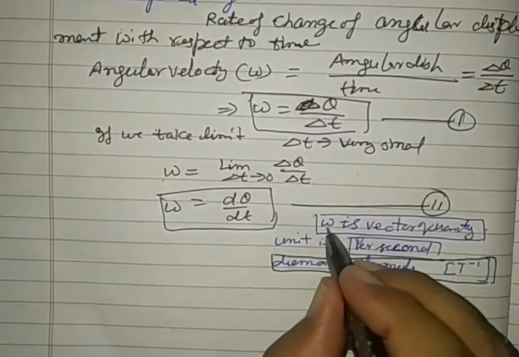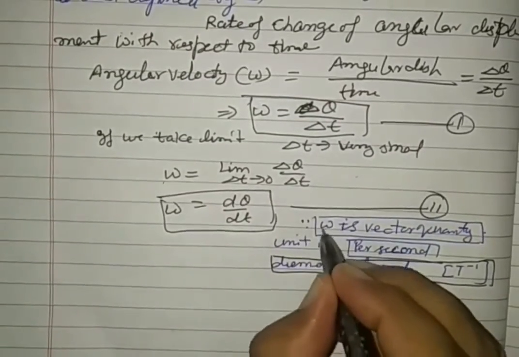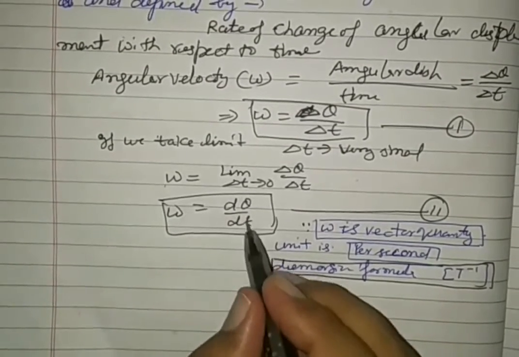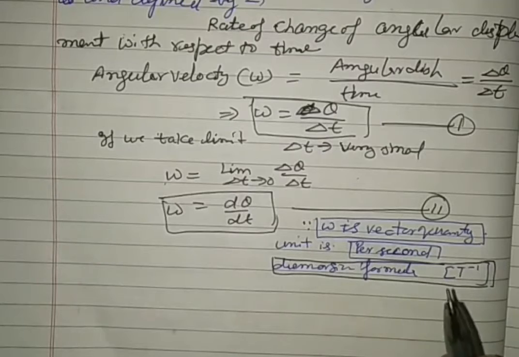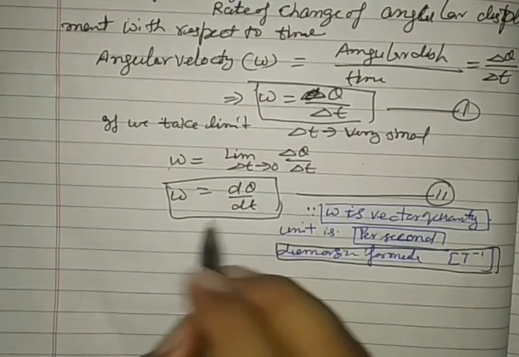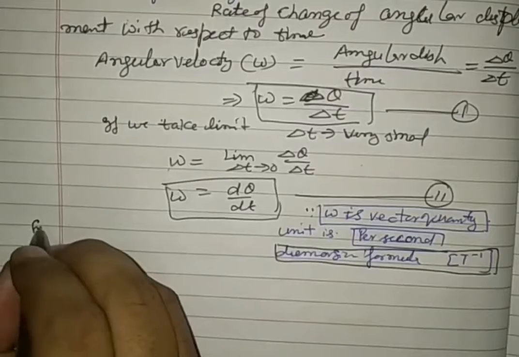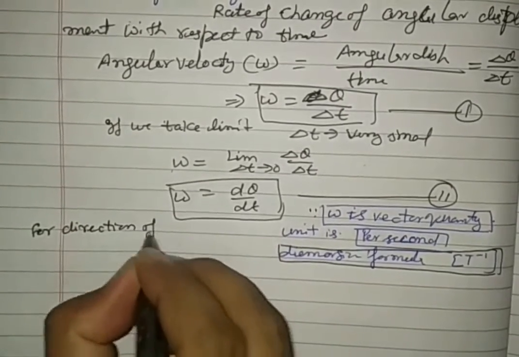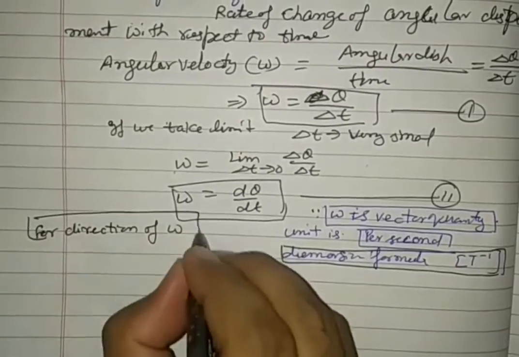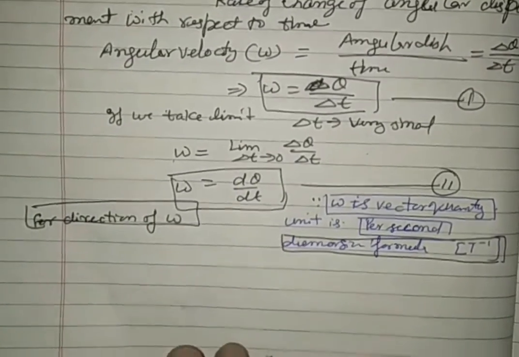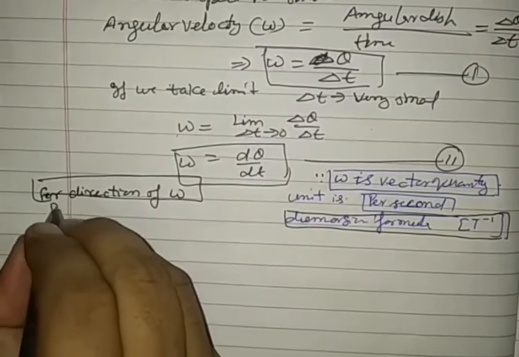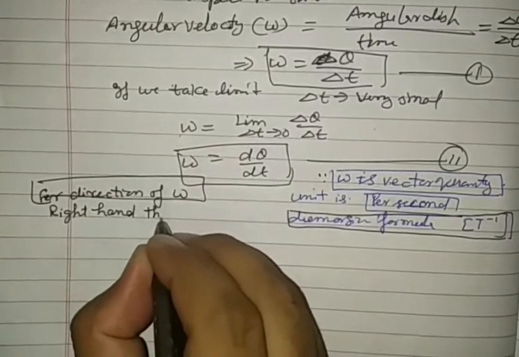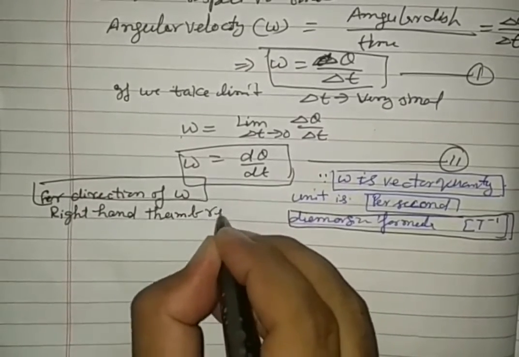So since omega is a vector quantity, its magnitude can be obtained by this formula, theta by t, but its direction can be obtained by, see very carefully, for the direction of omega we are following the right hand thumb rule.